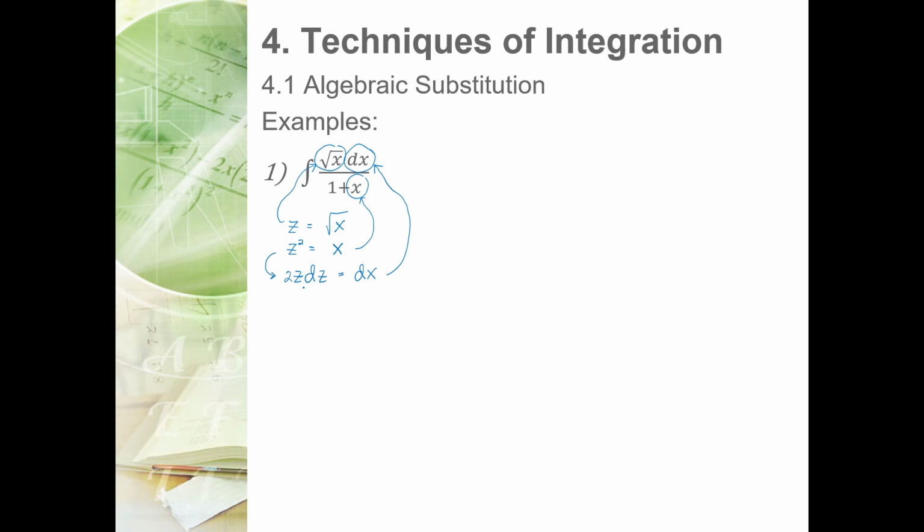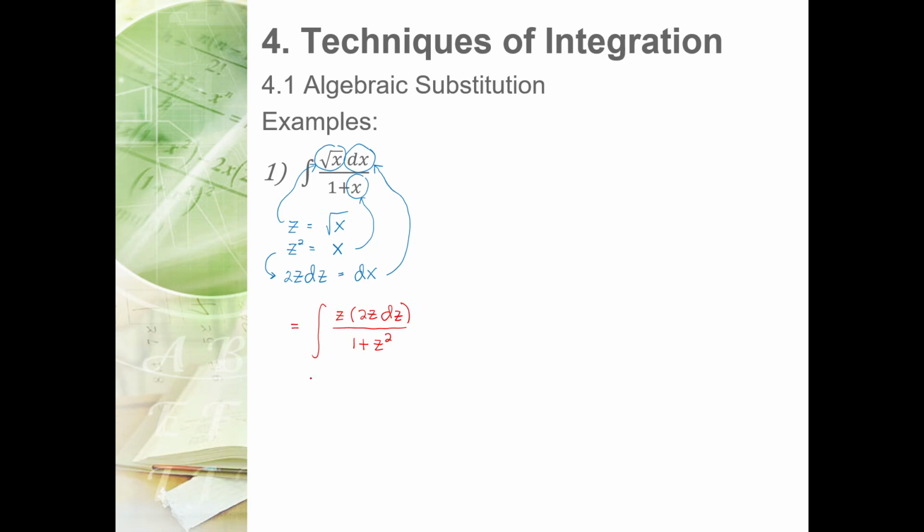If we recreate the equation in its new form, square root of x is z, and then dx is 2z dz, and your denominator is 1 plus z squared.